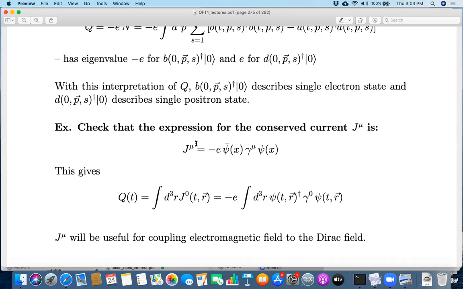I don't think there is any way to write a Lagrangian which is manifestly Lorentz covariant and which uses E and B as fundamental fields. Okay, so that's why one uses this A.